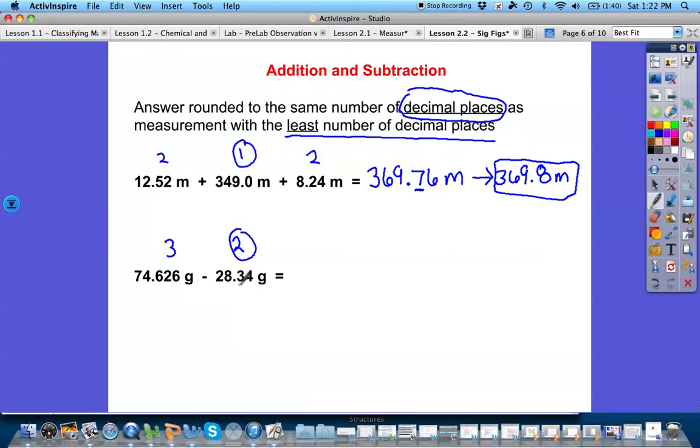So if we take 74.626 minus 28.34, we get 46.286 grams, but that's 3 decimal places. We only want 2, so 1, 2, greater than 5, so we're going to round this up to 46.29 grams.